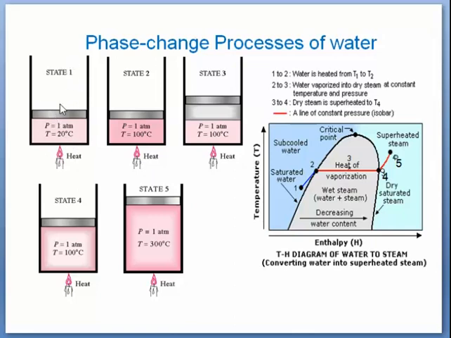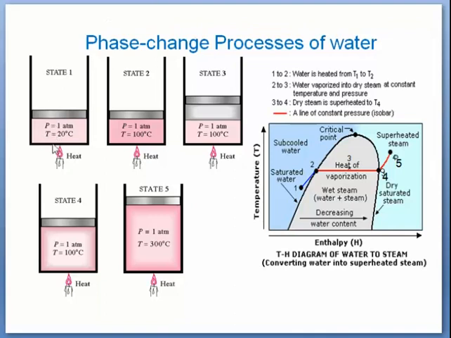All of us know that at 1 atmospheric pressure, water boils at 100 degrees centigrade. We will see exactly what happens when we start heating the water at 20 degrees centigrade, and how things take shape.